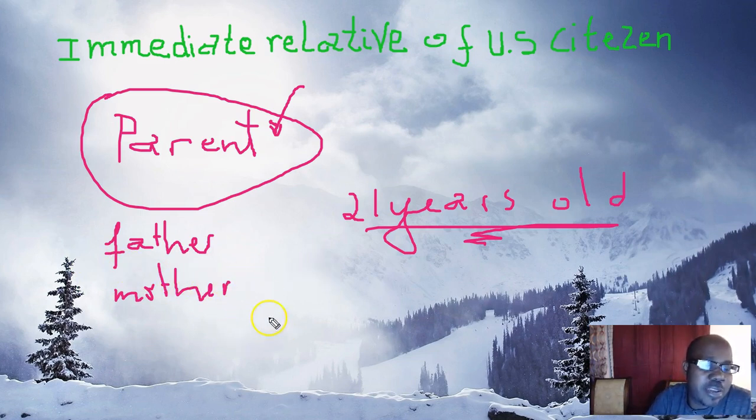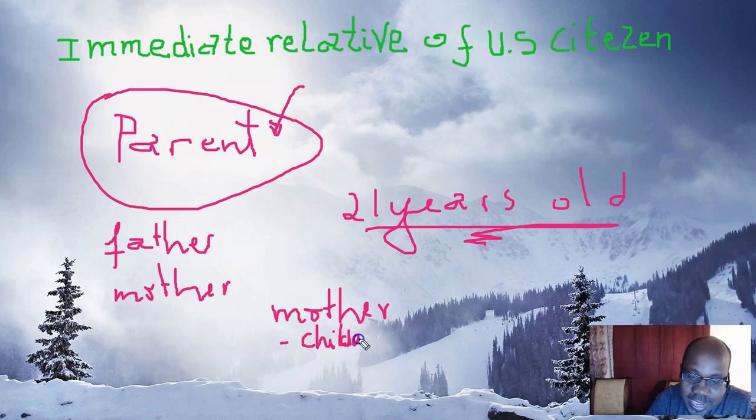Let's say I'm applying for my mother, and I'm a US citizen. You can ask, can you just attach the child of your mother, which is your brother, by the way, to one form? Or the child of your father?